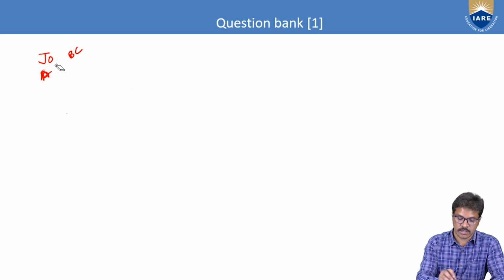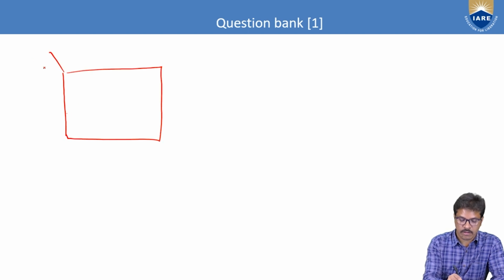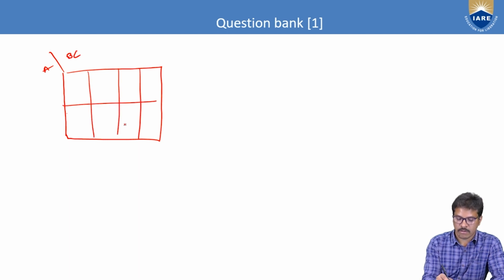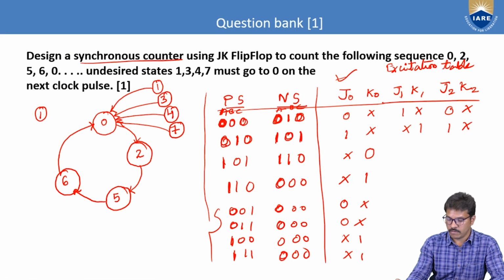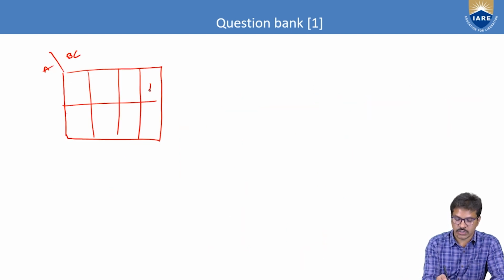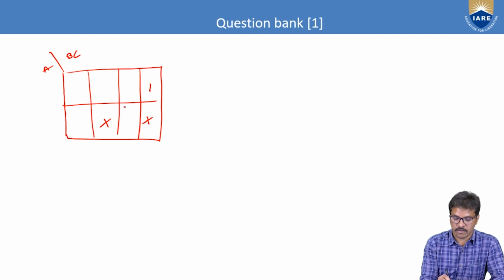I'm taking the 3 variable K-map. 5, 6 don't care, and 4, 7 don't care.